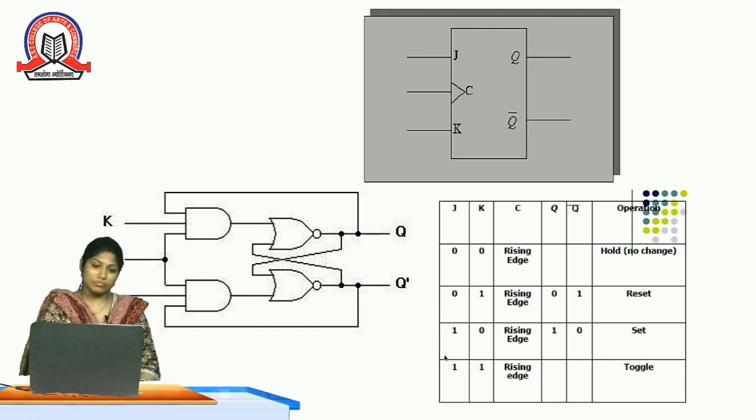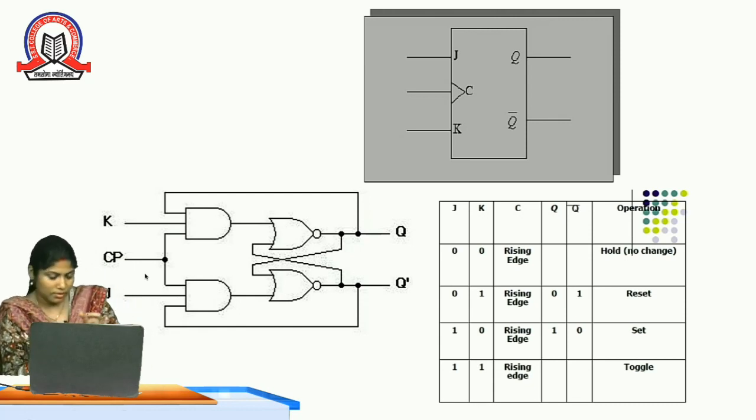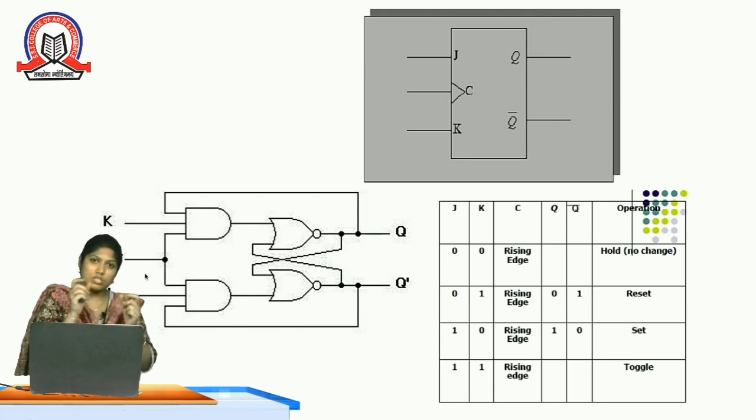Next 1 1. If both the inputs are 1, there is no stable state as in SR flip flop. So that problem is avoided in JK flip flop. In JK flip flop, when J and K inputs are 1 1, it goes into toggle state. It goes from 0 to 1, 0 to 1, 0 to 1.